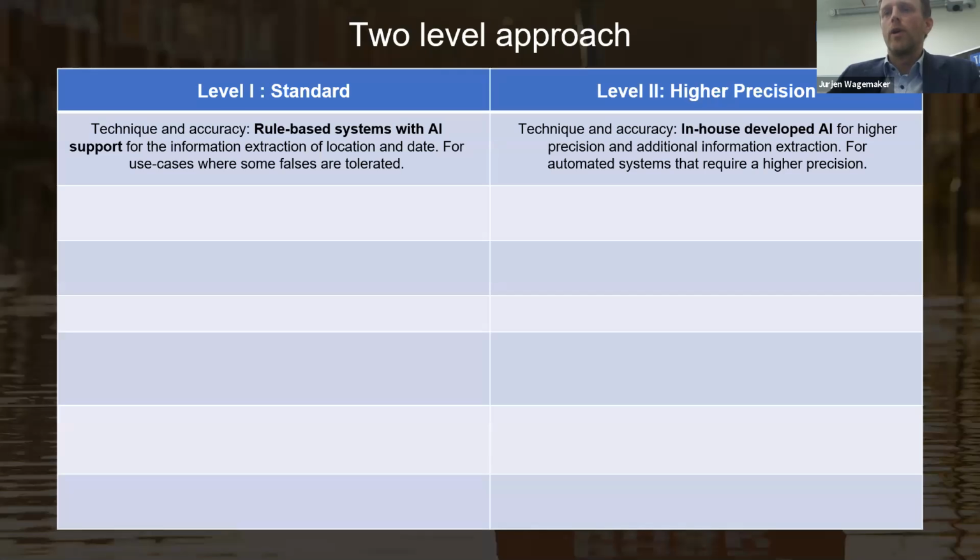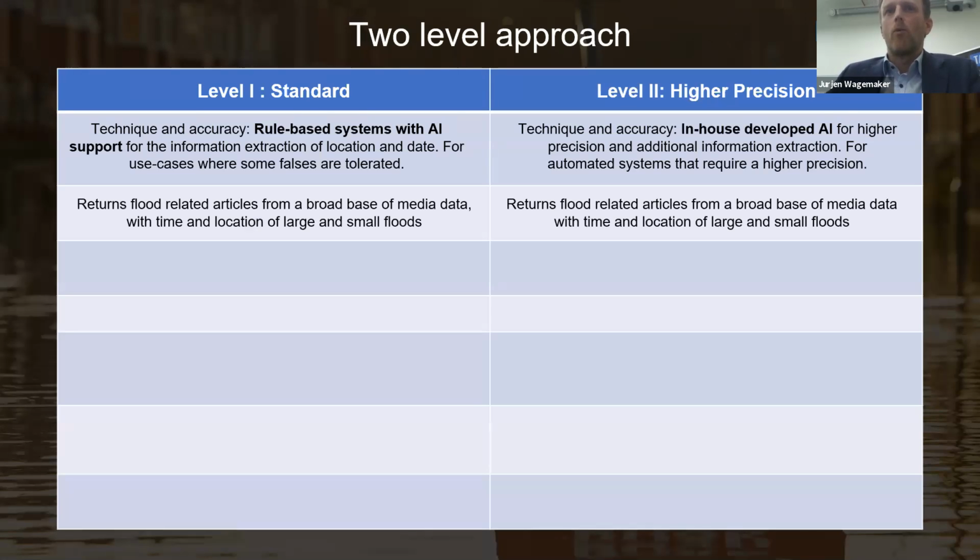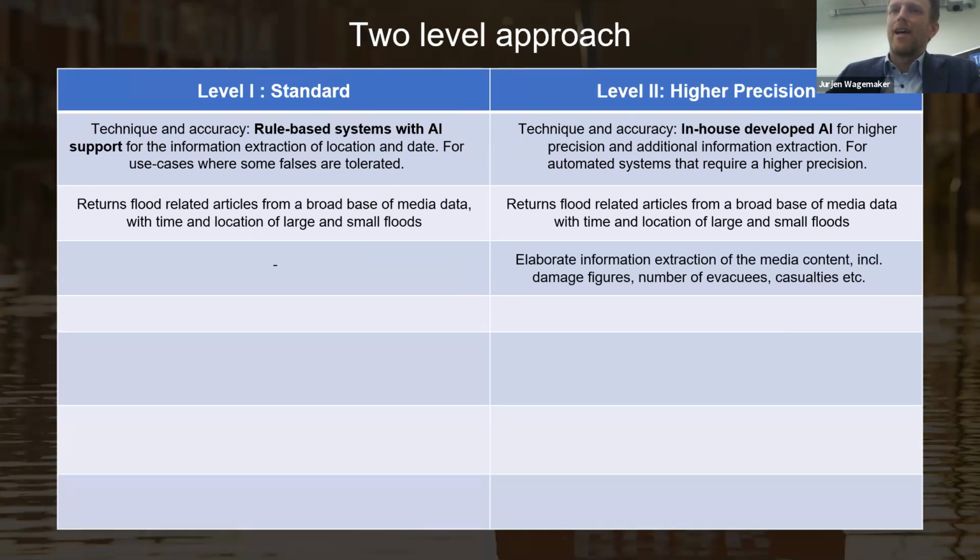And on the other hand, we have in-house developed AI to really reach that high precision. And there's just more work. What comes out of it is real-time flood-related articles, and in both cases with a time and a location. But if you dig deeper, you can also get a further assessment of damage figures, number of evacuees, casualties, etc., etc.